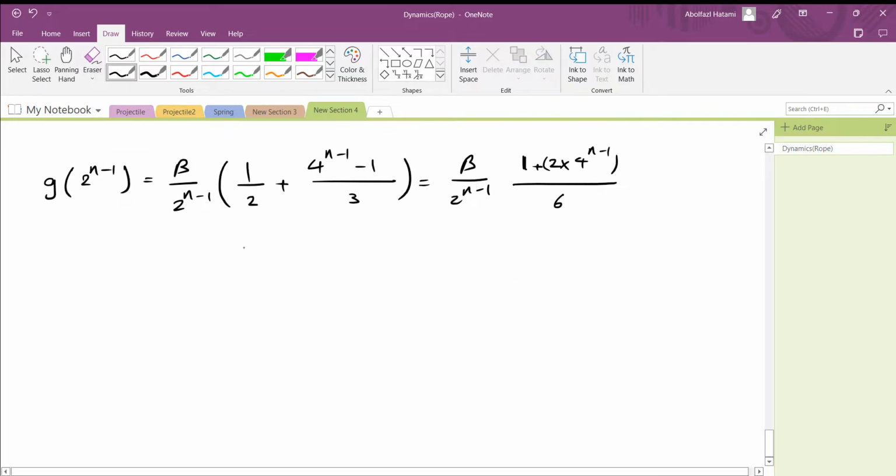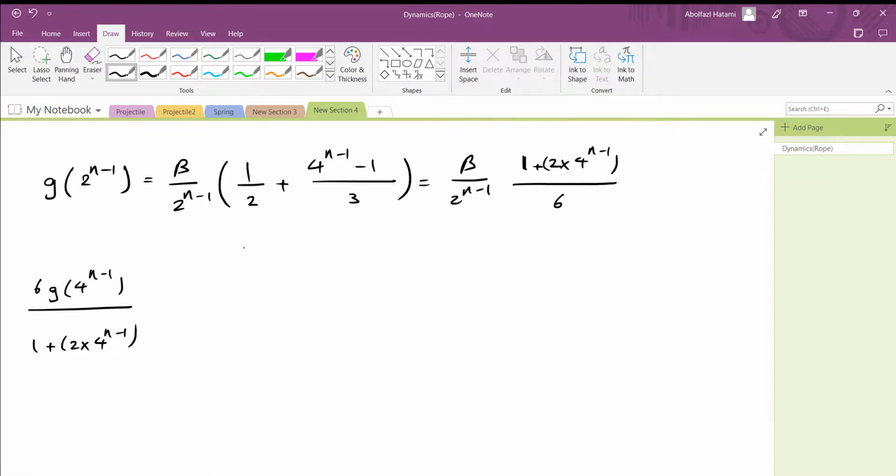So beta is 6g times 4 to the power n minus 1 divided by 1 plus 2 times 4 to the power n minus 1. Let me check if it is true or not. Yes, it is true, I think.